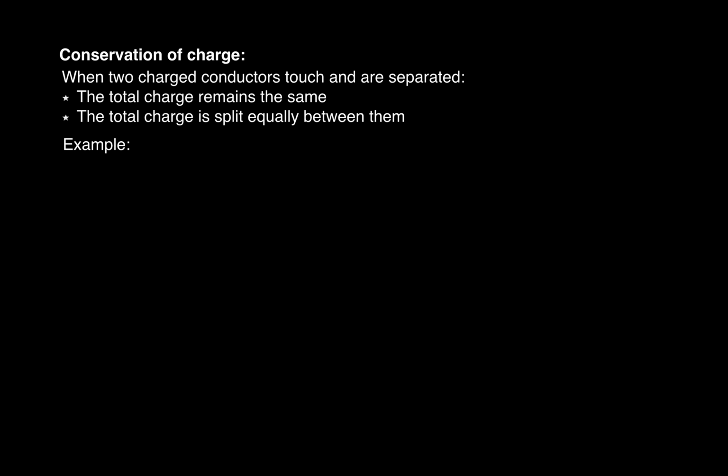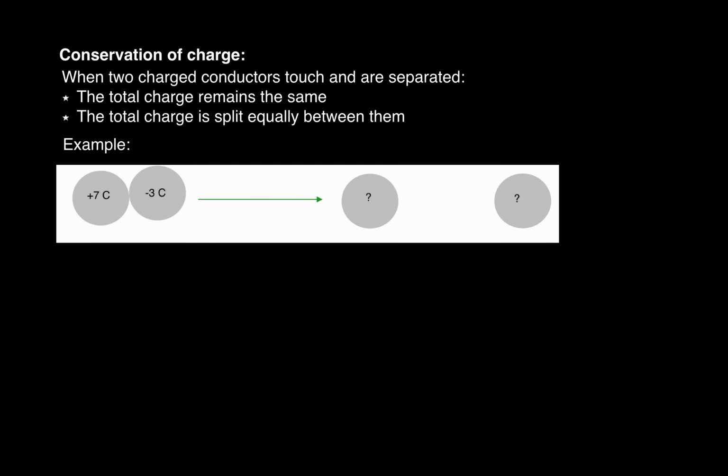Here's an example to help you understand this. If I take a 7 coulomb and a minus 3 coulomb charge and bring them together to touch, now since they're conductors, the charge can freely flow between the two objects. The total charge before was plus 7 plus minus 3 equals plus 4.